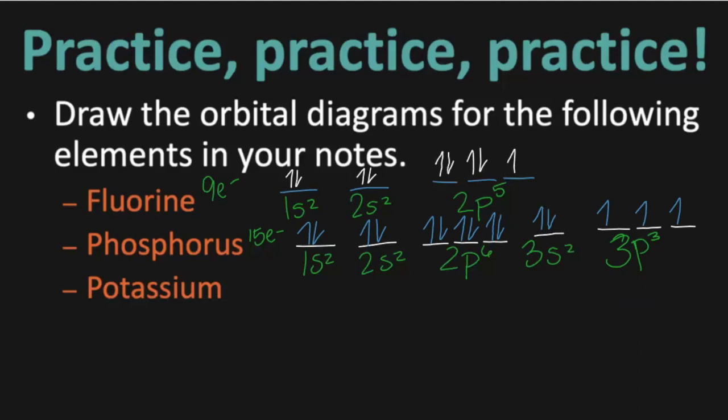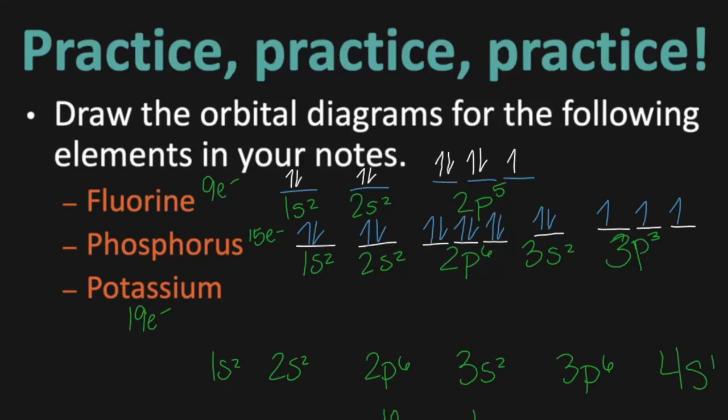All right, let's look at one last one. Potassium. Potassium has 19 electrons. So 1s2, 2s2, 2p6, 3s2, 3p6, 4s1. You see I have 10, 12, 18, 19 electrons.